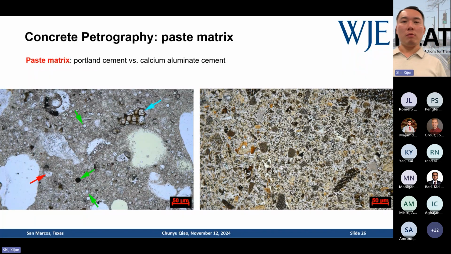So the one on the right, that's not a very normal concrete. That's an alternative cementitious material. We call that calcium aluminate cement. So you see the features of the unhydrated particles are very, very different. Those are the major calcium aluminate phases in CAC concrete.